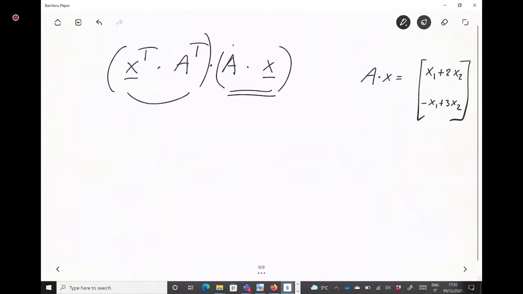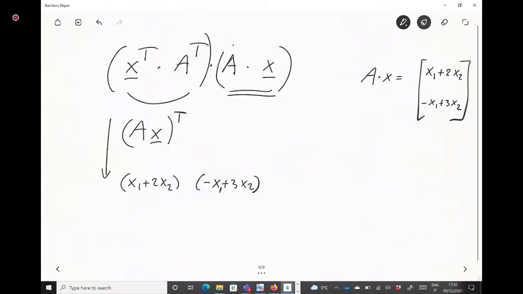But this is nothing but AX transpose. Okay? So our product results in x1 plus 2x2, the first component of the vector, minus x1 plus 3x2. And this is AX, let's say, transpose, okay? First vector times this.